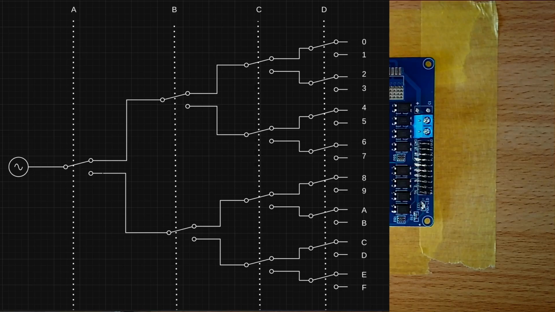And then finally, the outputs of those 4 relays are fed into 8 relays controlled by the least significant bit, the D signal, the output of which is our 16 different outputs.